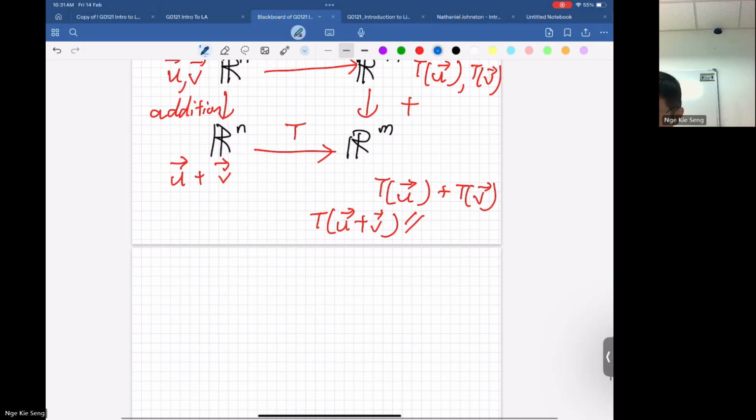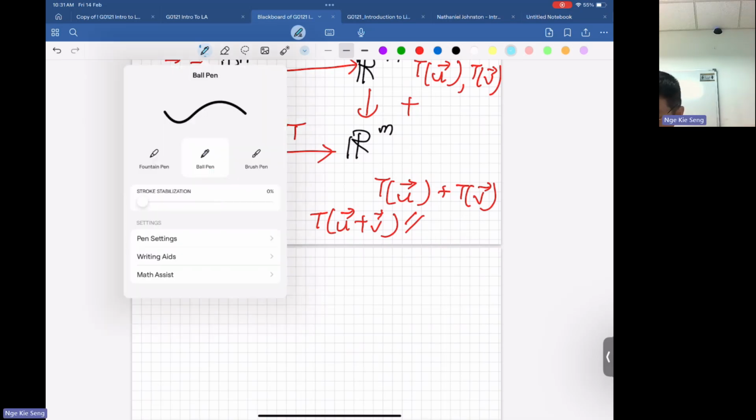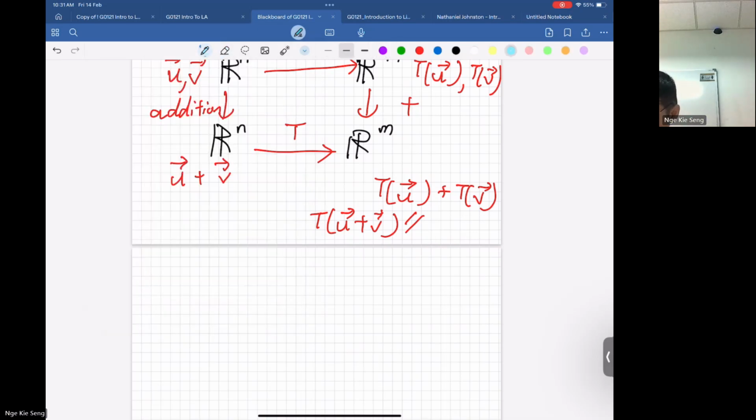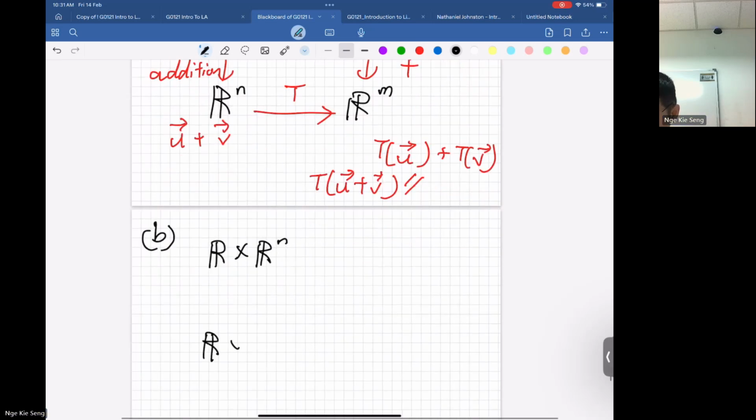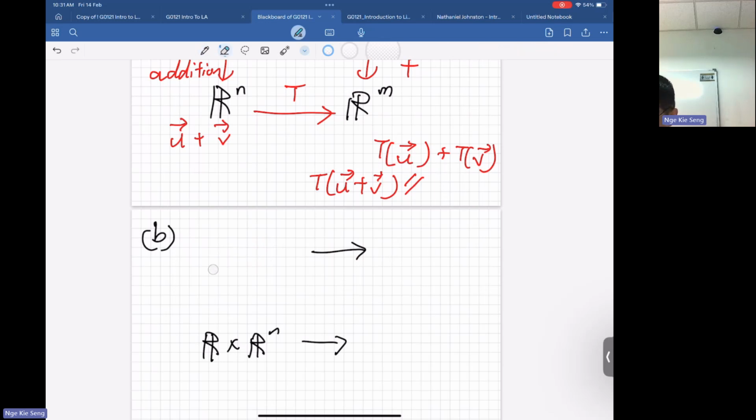So part B. What can we do? Let me show you something. Maybe let's not draw the space out first. So we have c and v together.